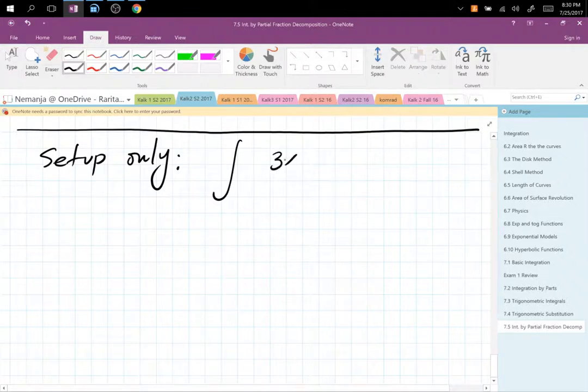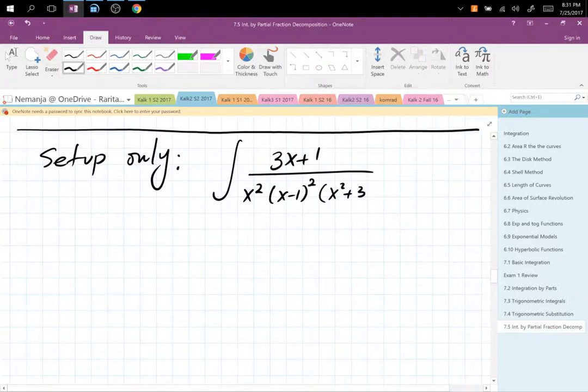So you have something like this. So we have a linear x minus or plus 0 squared.